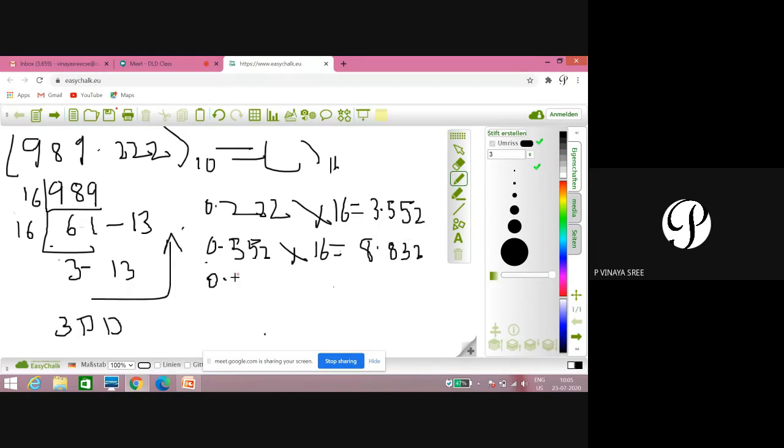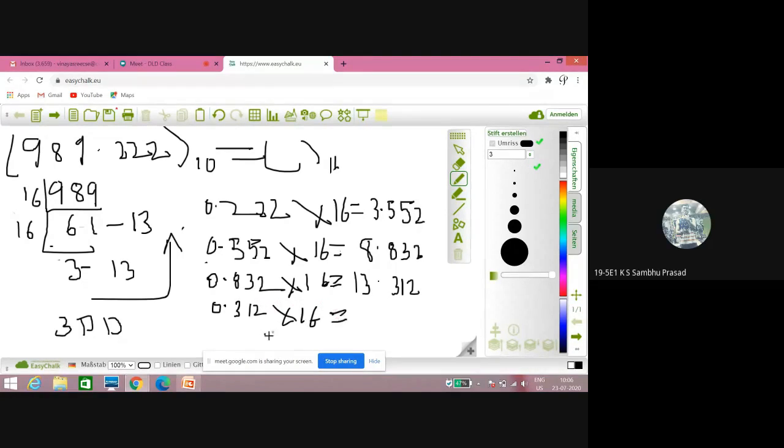Next, 0.832 into 16 equals 13.312. Next, 0.312 into 16 equals 4.992.